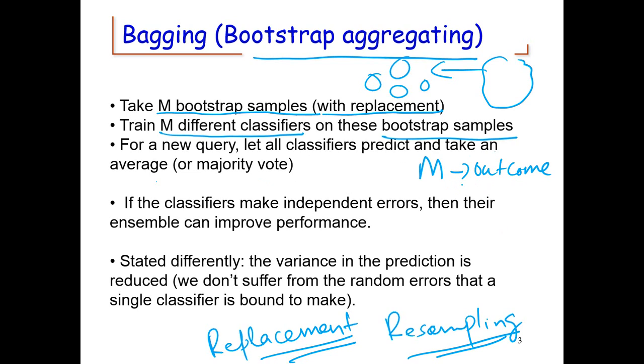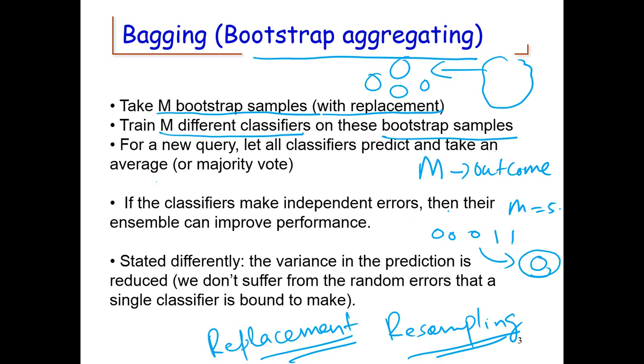Okay, if m is 5, and you have a classification of 0, 1, and there are three 0s and two 1s, the majority is 0, so the outcome is 0. That means the final answer is 0, and you will do that for every observation. So that's the idea behind bootstrap aggregating, or bagging.